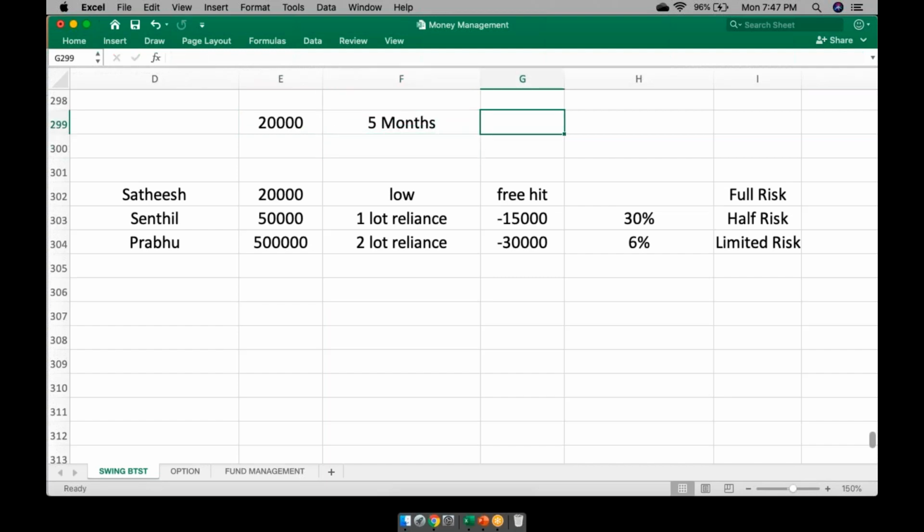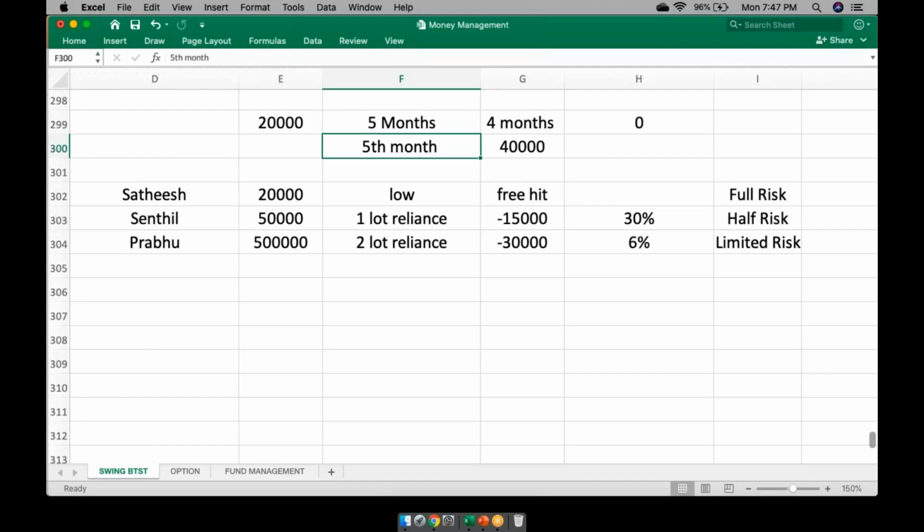For 4 months he is making 0, and in the 5th month he'll get 40,000 rupees. So 4 months you have lost 80,000 rupees, and in the 5th month you will invest again.